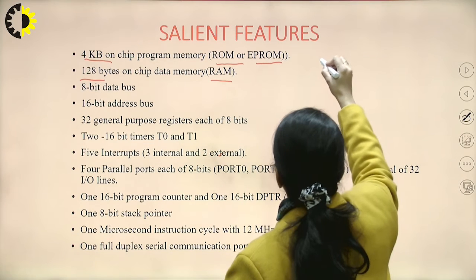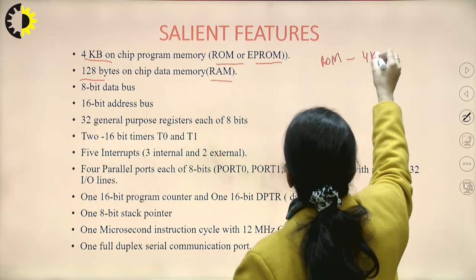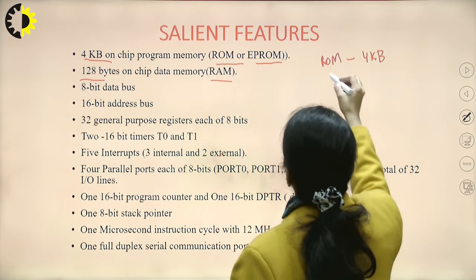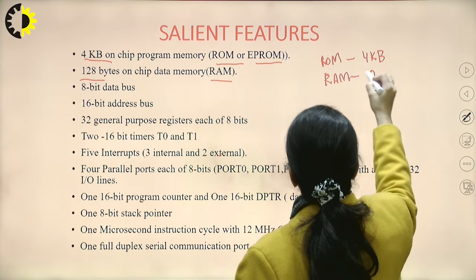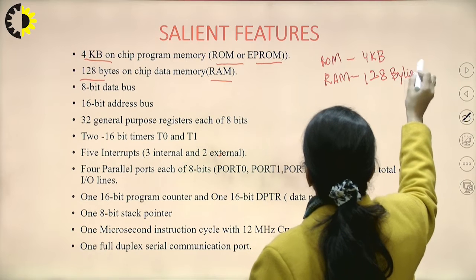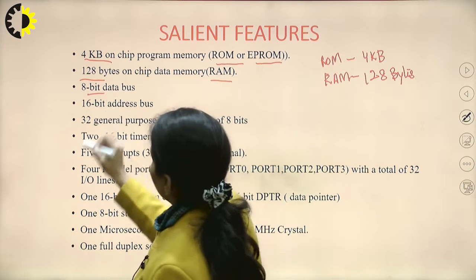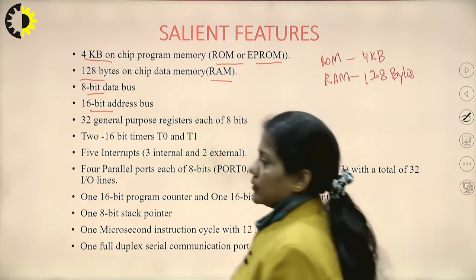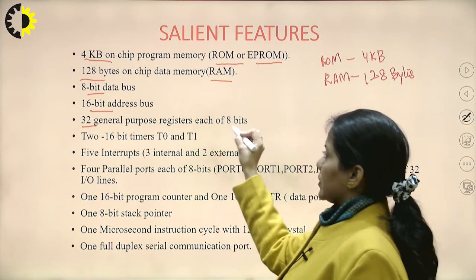So basically, we are having 4 KB of ROM and 128 bytes of RAM. It is having 8-bit data bus, 16-bit address bus, 32 general purpose registers, each of 8 bits.